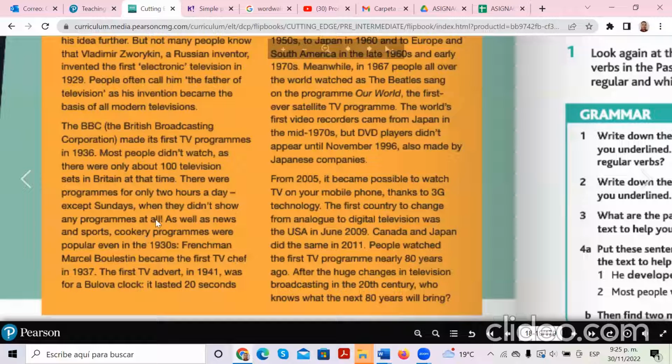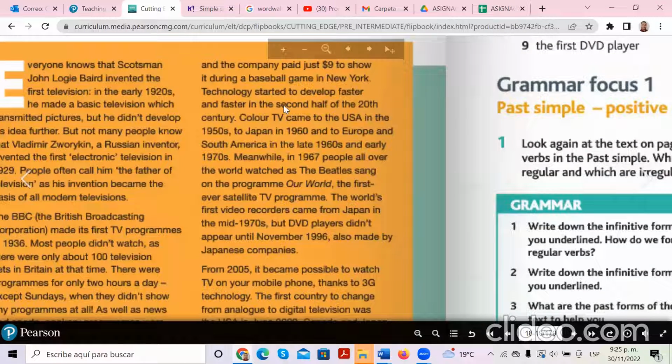Frenchman Marcel Boulestin became the first TV chef in 1937. The first TV advert in 1941 was for a Bulova clock. It lasted 20 seconds, and the company paid just $9 to show it during a baseball game in New York.